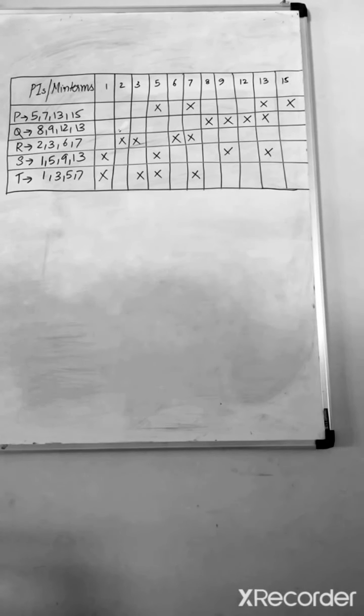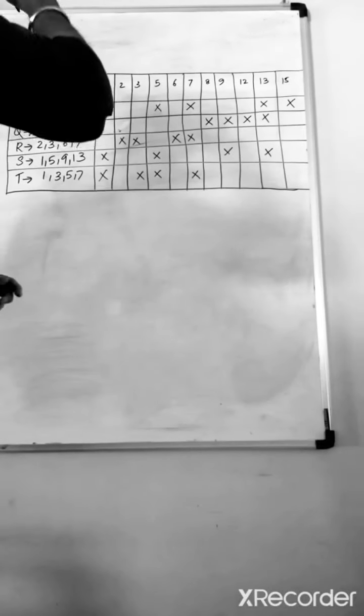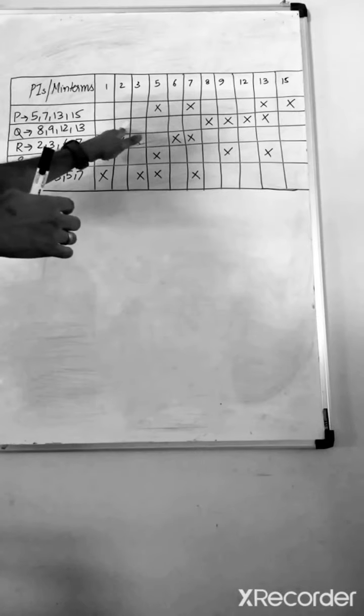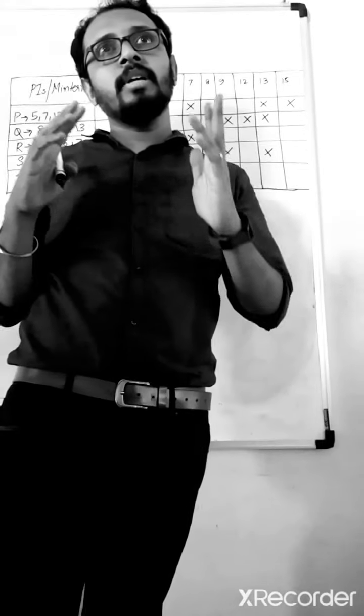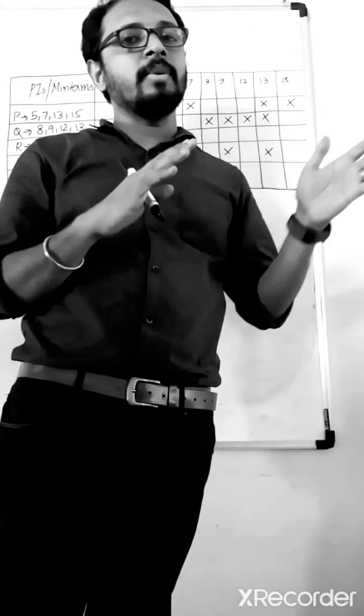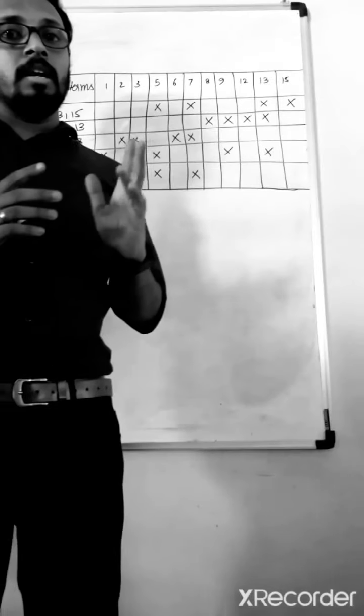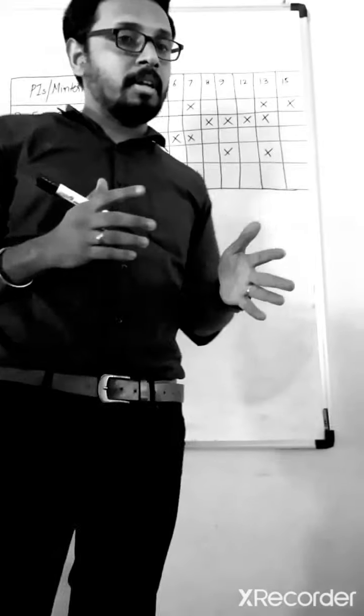Next is constructing the prime implicant chart, okay? Prime implicant chart. Here we focus on essential prime implicants. Earlier we discussed that there should be a one value that is not covered by any other prime implicants, okay?